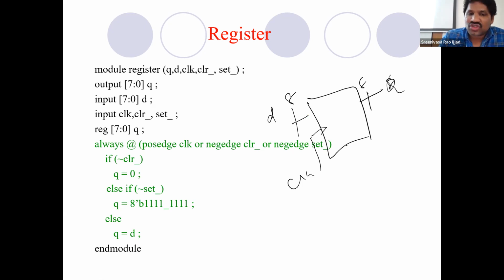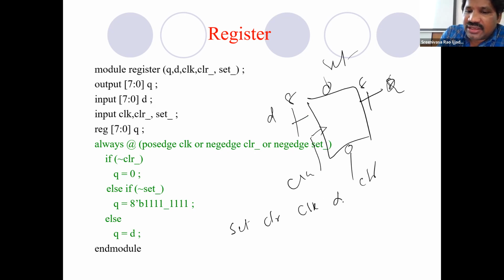Apart from that, two more inputs are there: one is the clear, one more is the set. Clear, CLR; set, SET; clock, CLK; and D and Q.